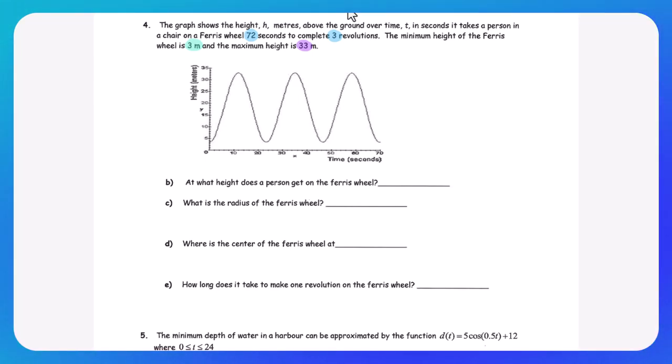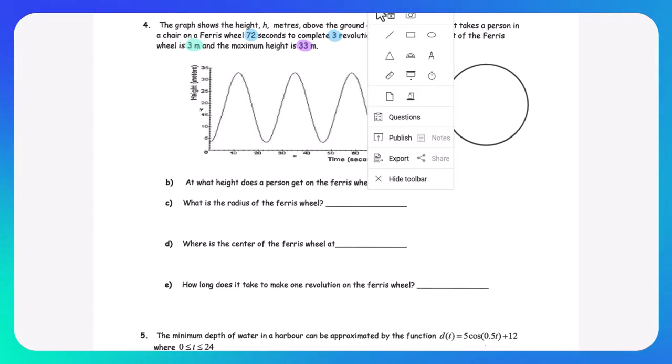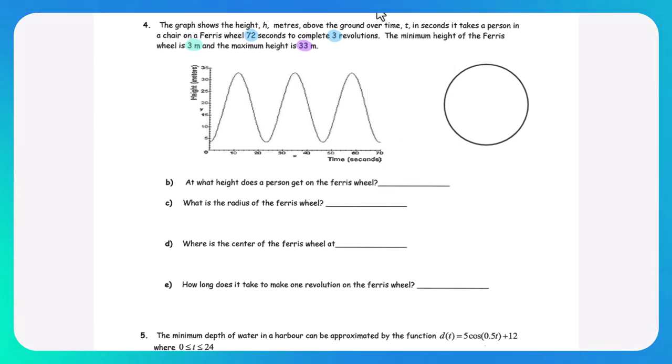Well, before we get started, I'm all about drawing a diagram. So let's go and just draw our little diagram here. Oops, there we go.